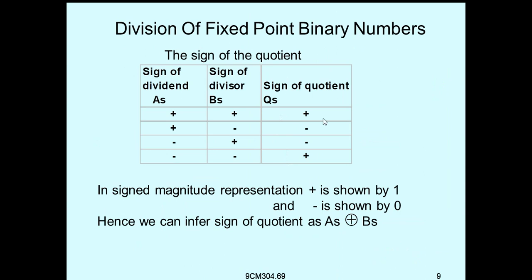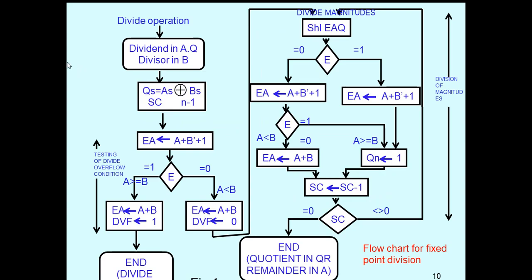This is the chart. If both are plus, we get the sign as plus. If one is minus and the other is plus, we get minus. If both are minus, then we get plus. Based on that we get the sign of the division operation.